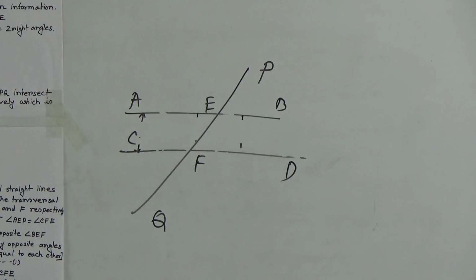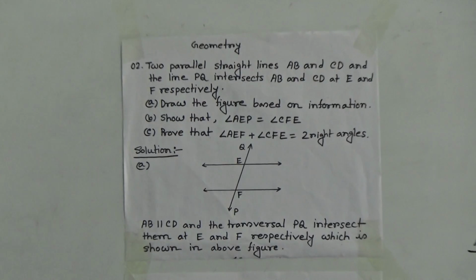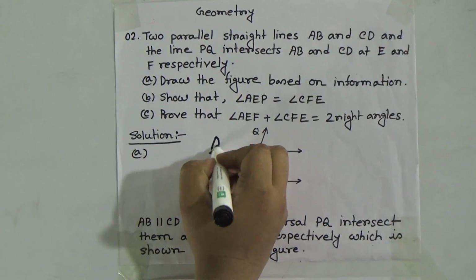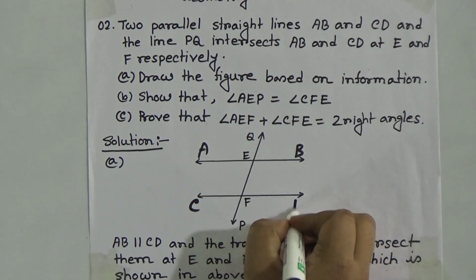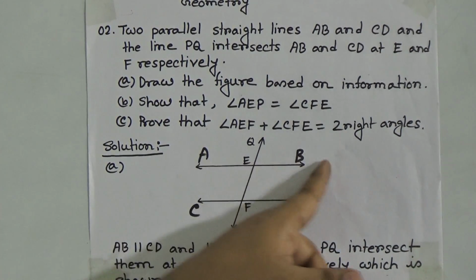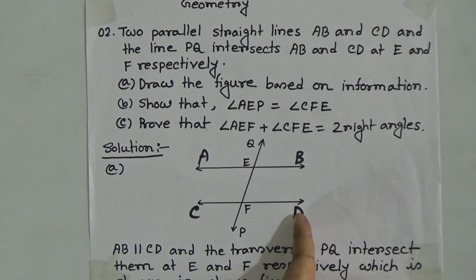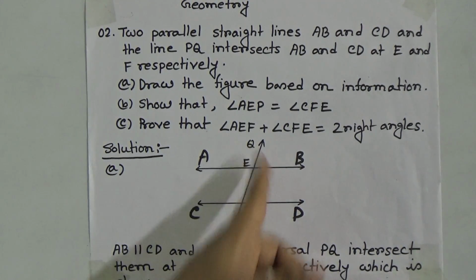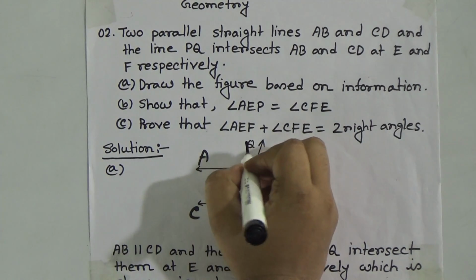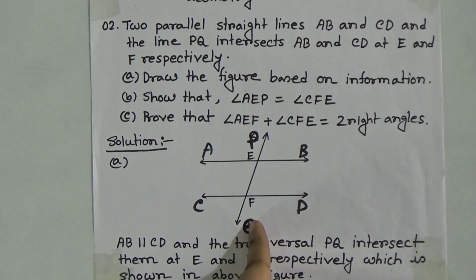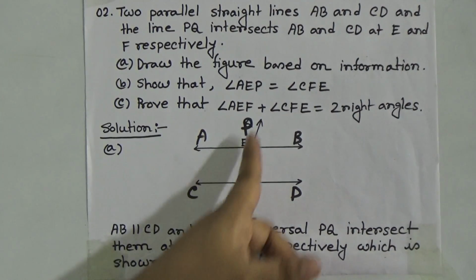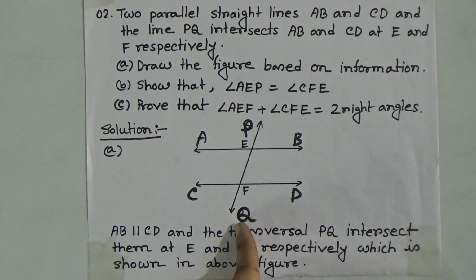Now notice, my dear students, question A is to draw the figure based on the information. So here are AB and CD. AB and CD are two parallel lines, and for PQ, here you give P and here you give Q. That means PQ is a line which is called a transversal.